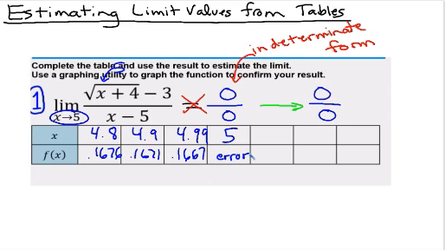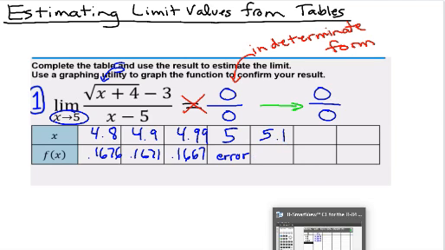But if a limit is going to approach a value, doesn't it need to approach the same value from the left and the right? It does. So we better try 5.1. We better look at it from the right side. So let's try 5.1 and see if we're getting something consistent.